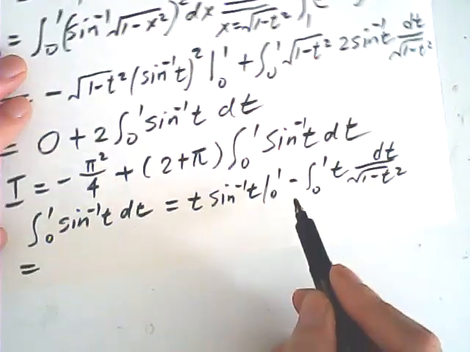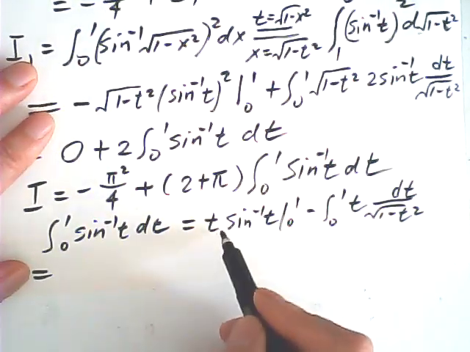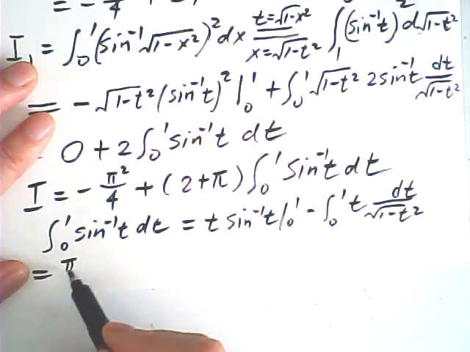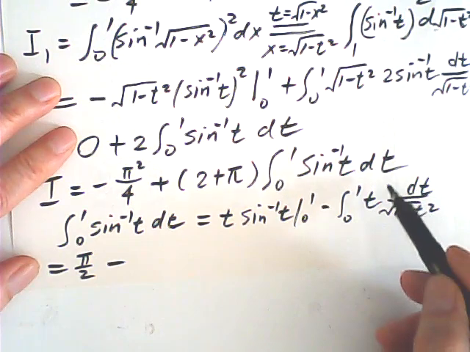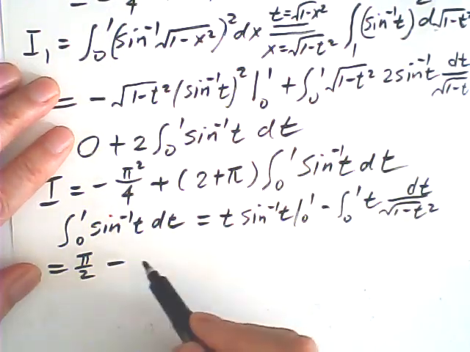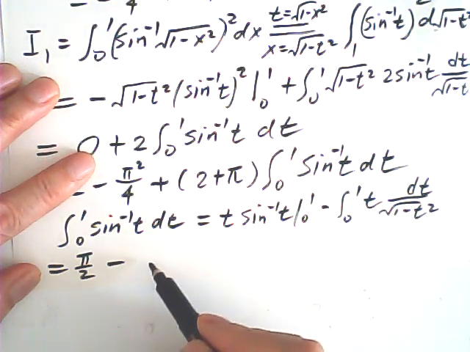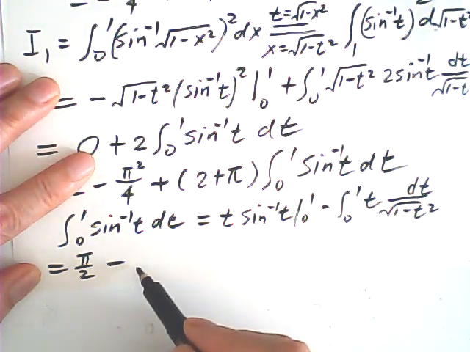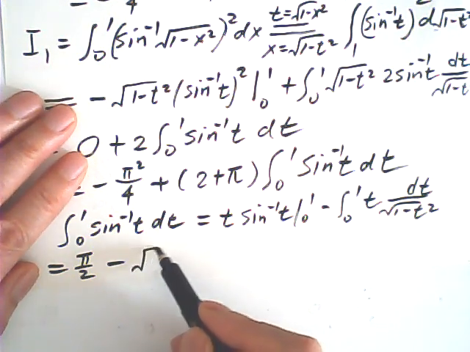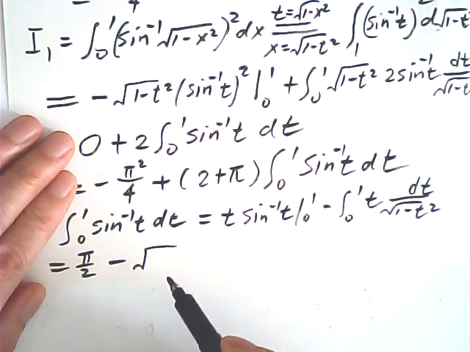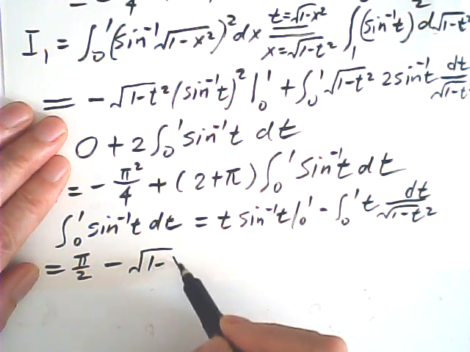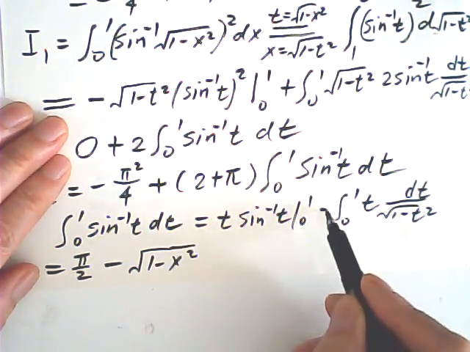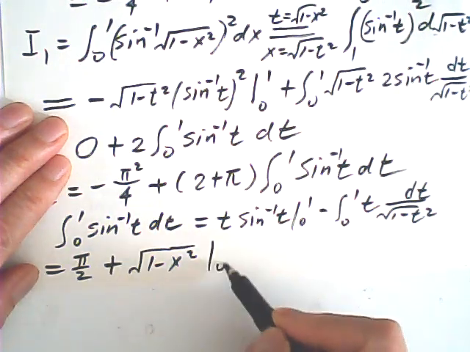Yeah, this one is equal to half pi minus, this one is negative, negative becomes positive, right?